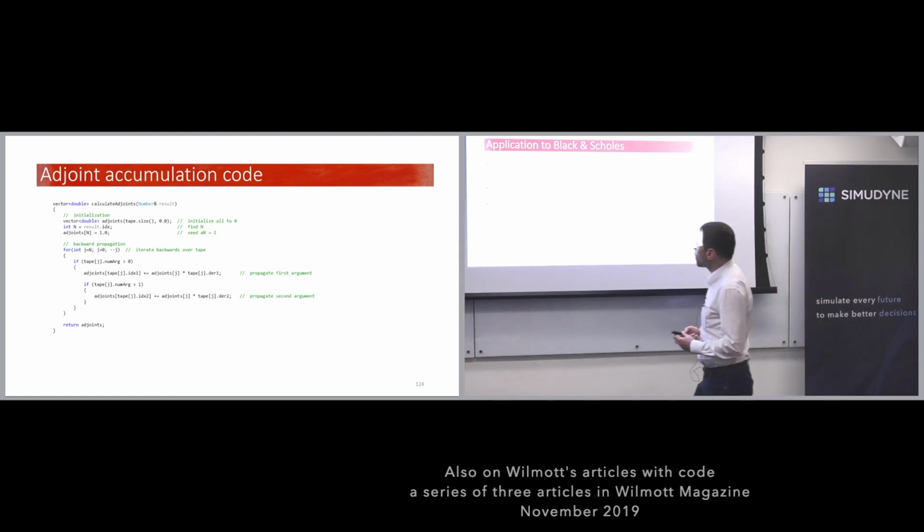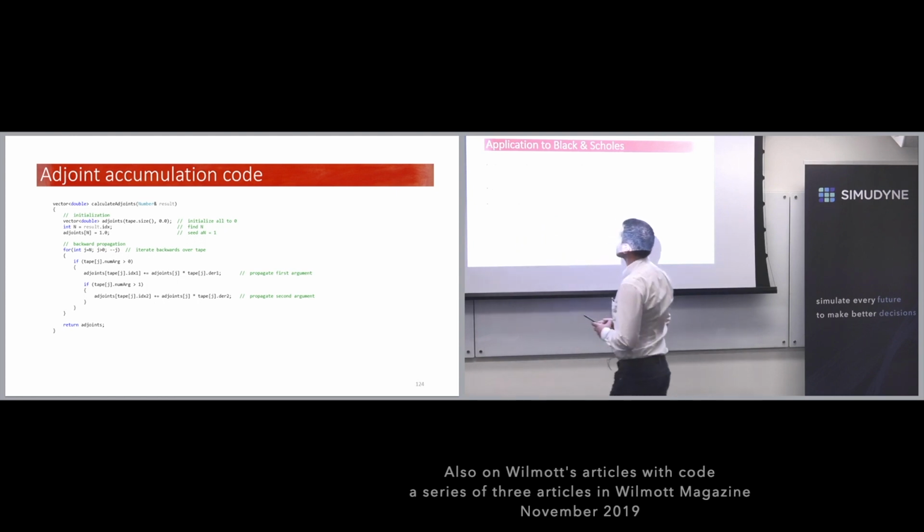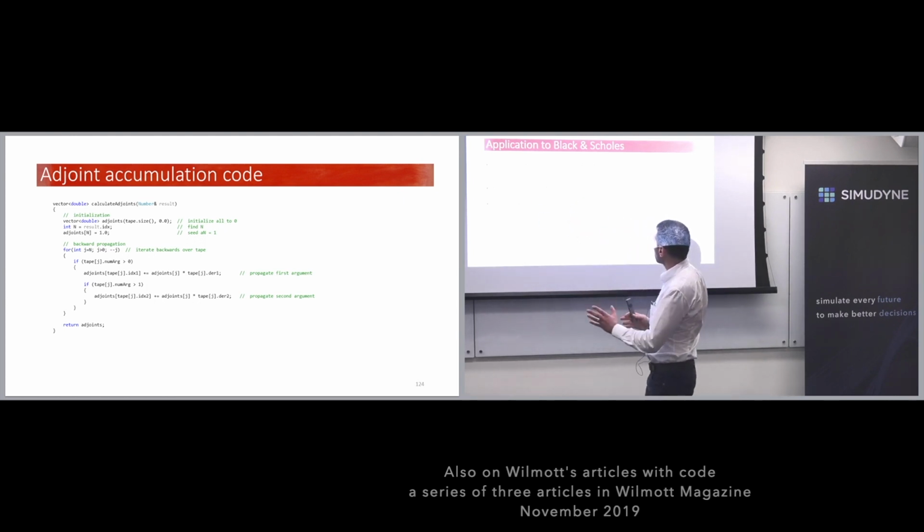So let's apply it to Black-Scholes. Like before, we initialize the arguments of Black-Scholes of type Number. We call our templated code for Black-Scholes with these arguments, which we'll call the instrumented version of Black-Scholes. And this call will record the sequence of operations on tape.